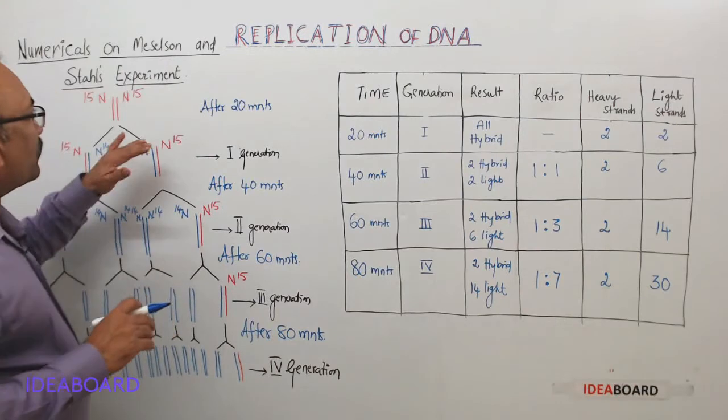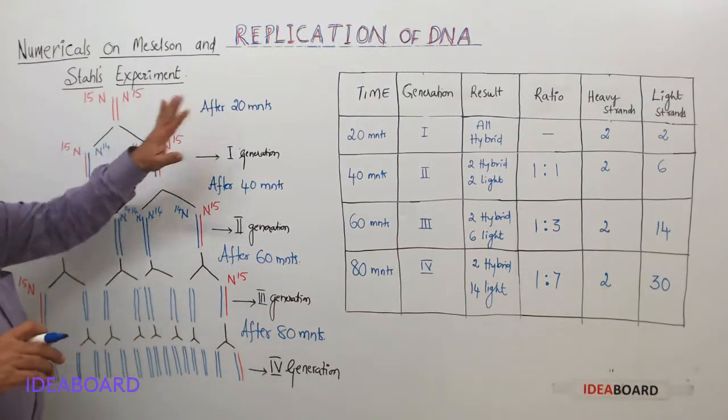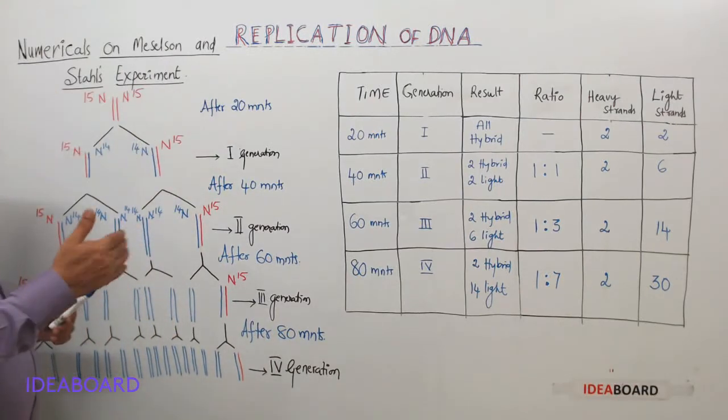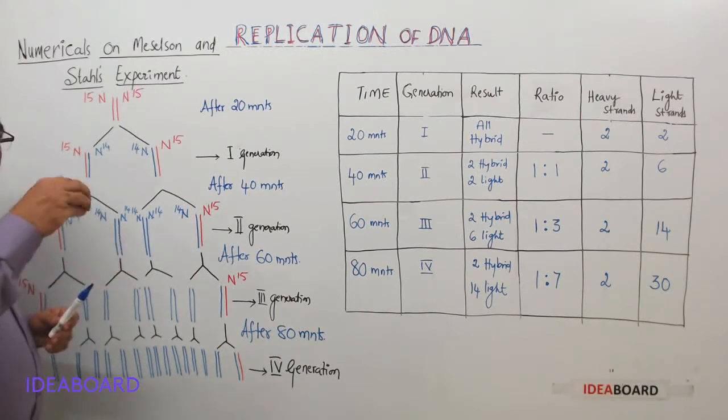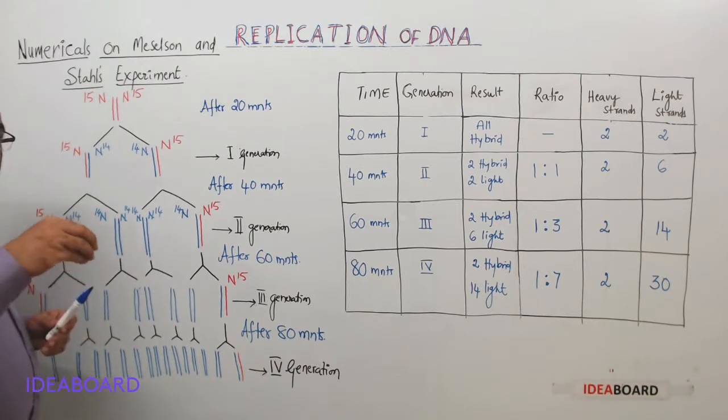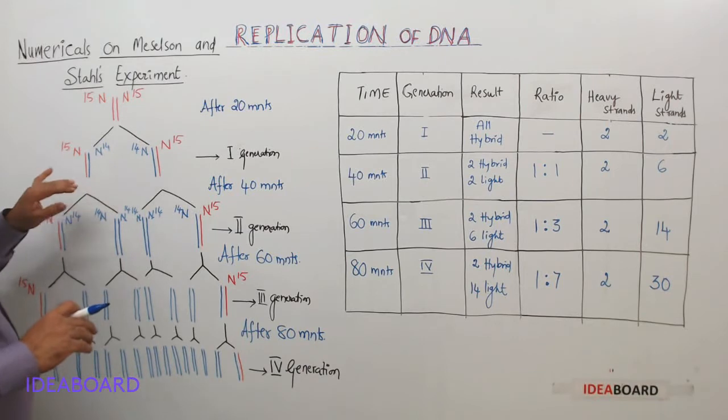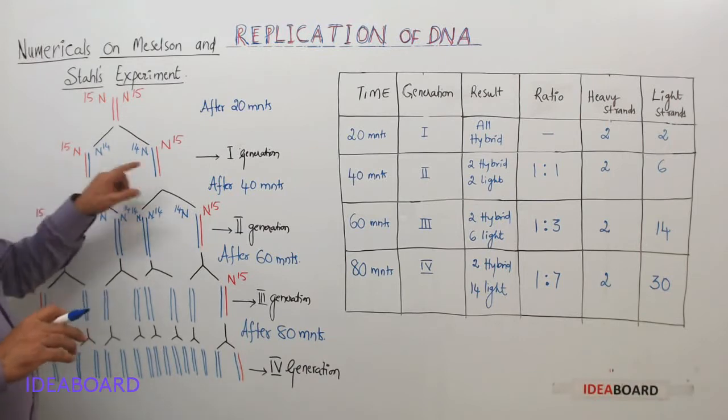After 20 minutes the bacteria multiplied, they isolated the DNA, and with the cesium chloride density gradient they found hybrid DNA.